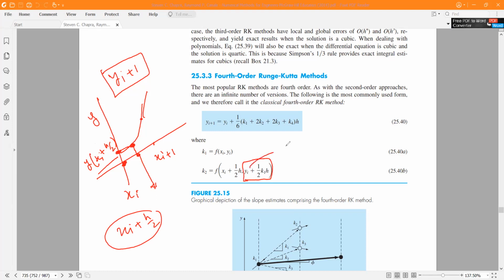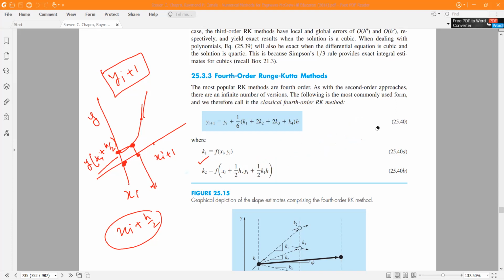That means the initial value yi plus slope K1 multiplied by h divided by 2. You got the point? Yes, sir. So this is the value of y we are calculating. That value of y and the value of x will be used to calculate the slope K2. In the same way, you can proceed.